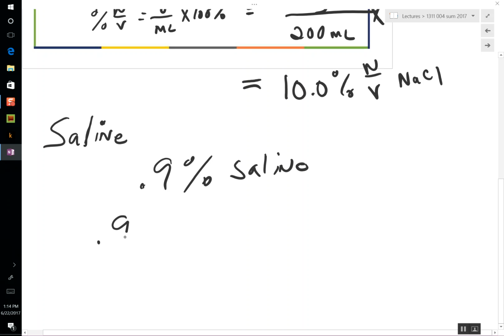So what that is saying, it's 0.9 weight volume percent.